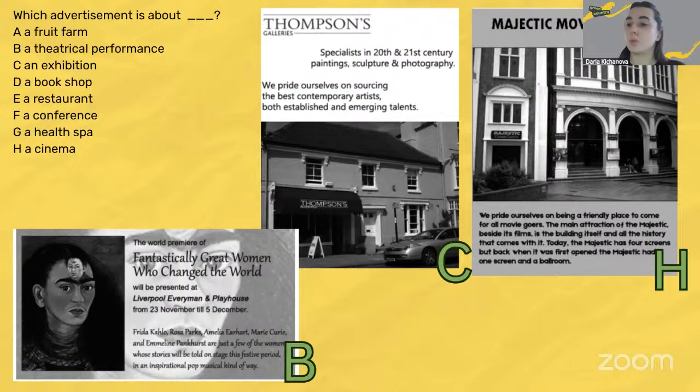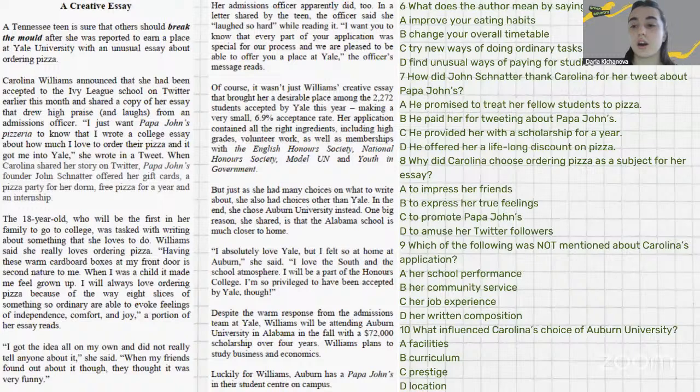And now we are moving to the next part of reading. As we remember, we have 4 different tasks in reading, and this is our second task. What is the main task that you need to do? You need to read the text and answer the questions. You have 4 options and you need to choose the correct one.